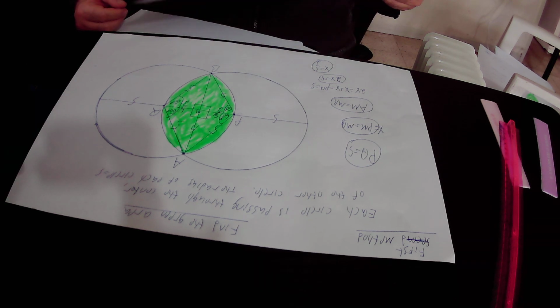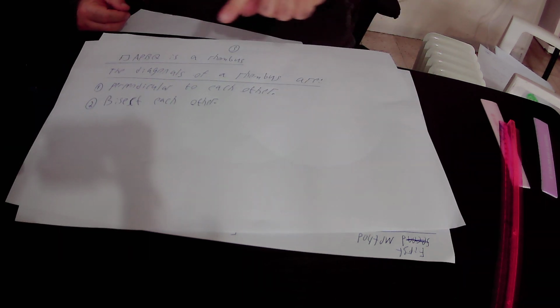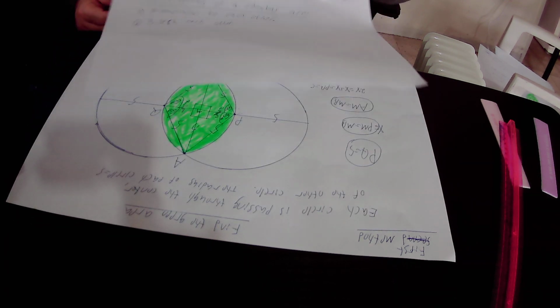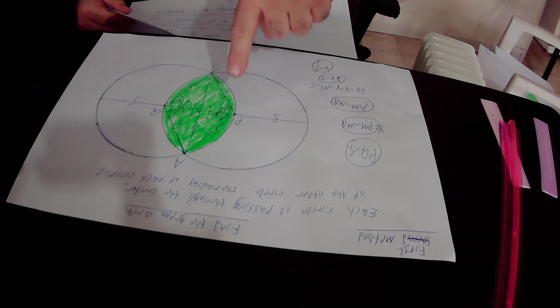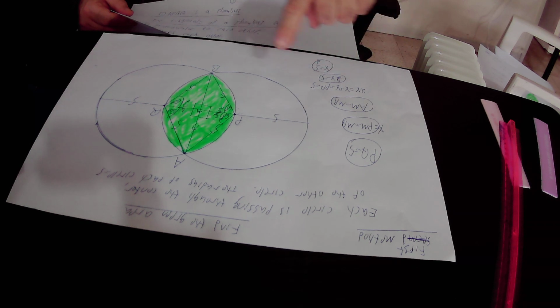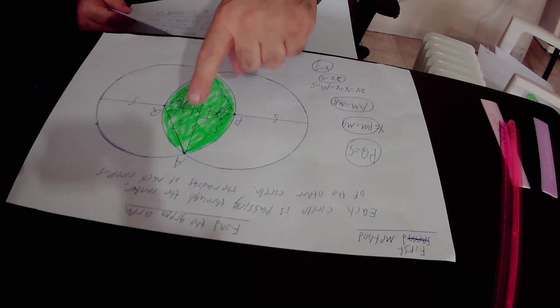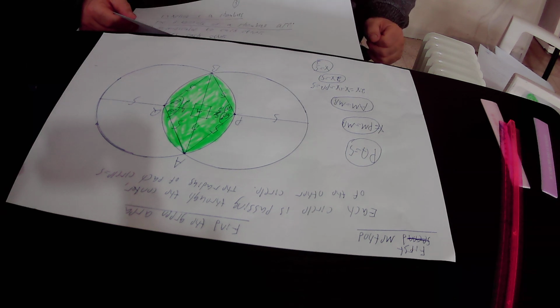And the second characteristic is that the diagonals of a rhombus bisect each other. That is to say, AB bisects PQ and PQ bisects AB. AB bisects PQ, that is to say, PM equals MQ, and PQ bisects AB, that is to say AM equals MB. Okay?